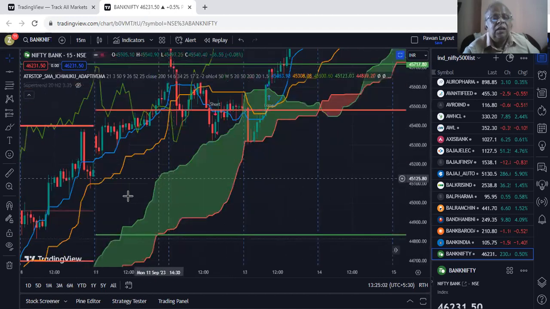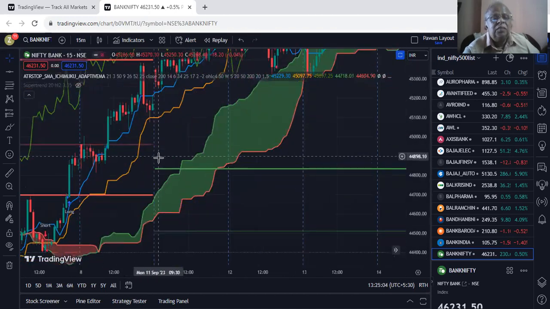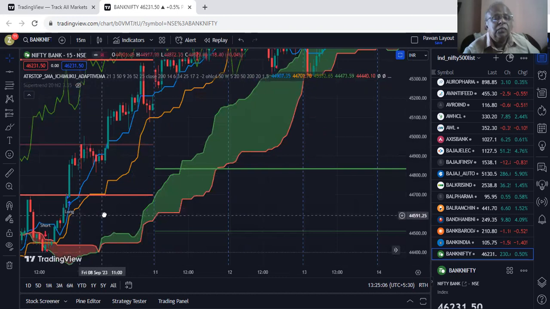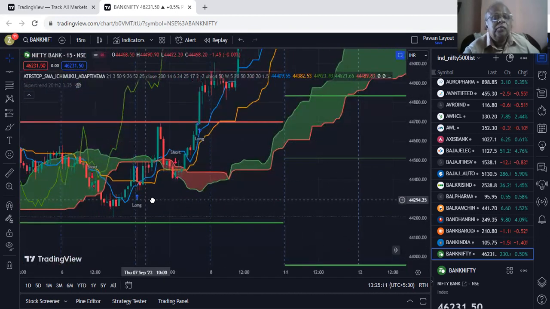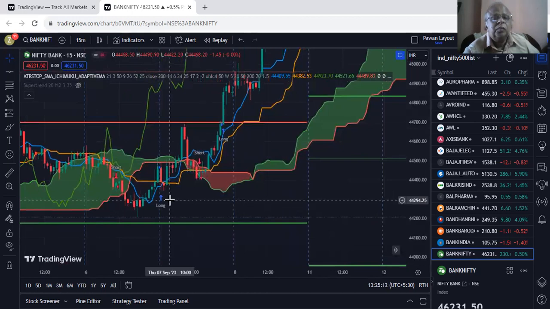And the last one, this one: the Tenkan-sen, Kijun-sen crossover below the cloud.